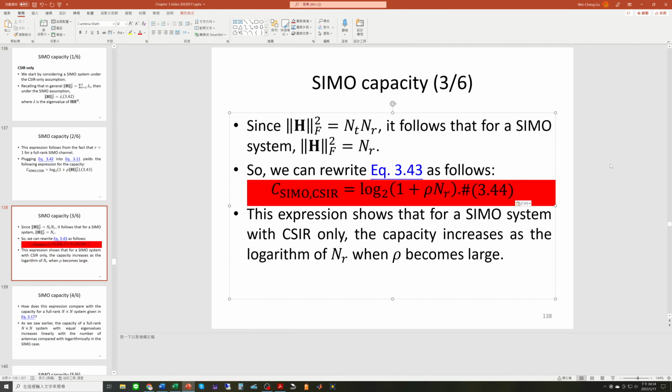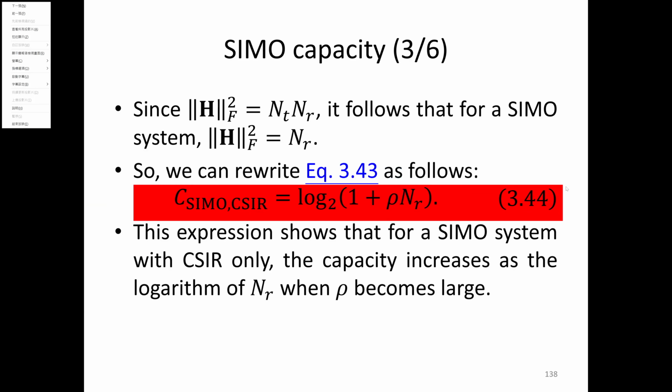Let me fix this problem. Okay, good. So in equation 3.44, we can see that C_SIMO,CSIR is equal to log2 of 1 plus rho NR.